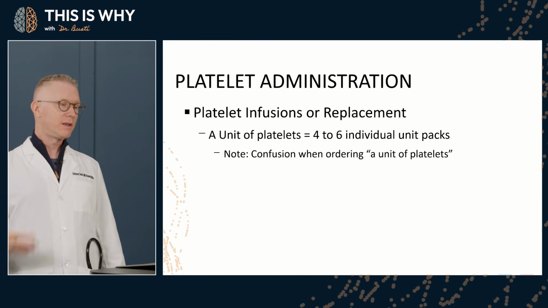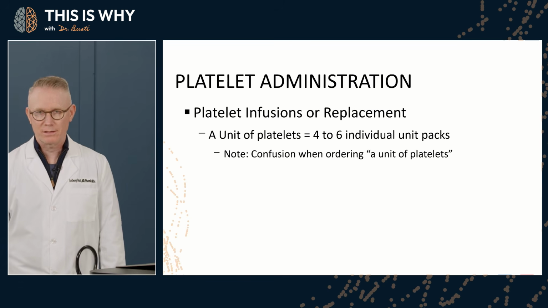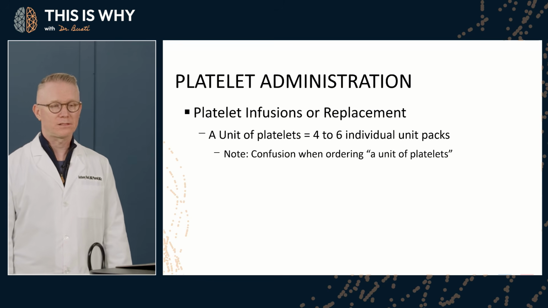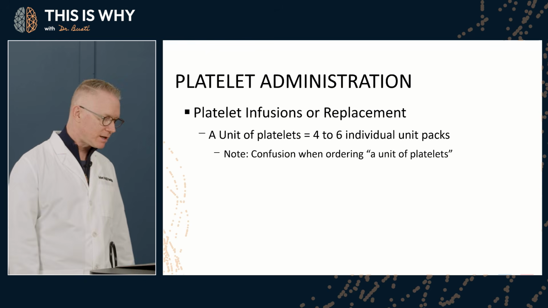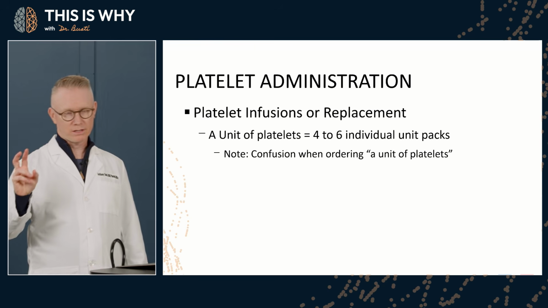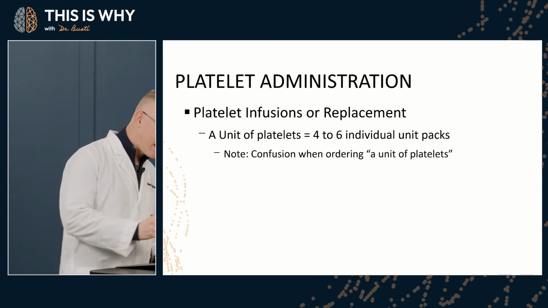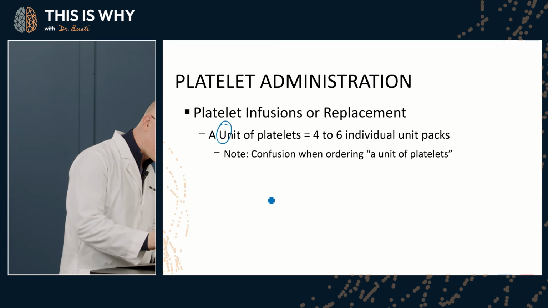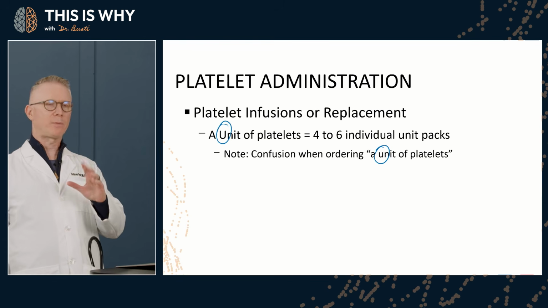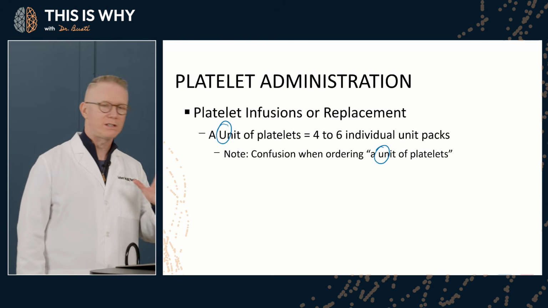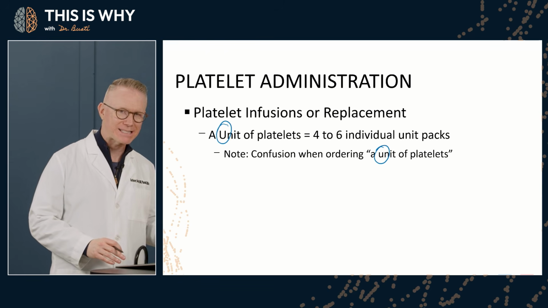So if we have to give somebody bleeding platelets back, you got to give them as units. And I'm telling you, it's confusing. And if you don't do it enough, this is more on the inpatient side, obviously. But there's 2 units. What I mean by that is the spelling of it. There's a capital U, and then there's a lowercase u. So a unit of platelets represents 4 to 6 individual unit packs.